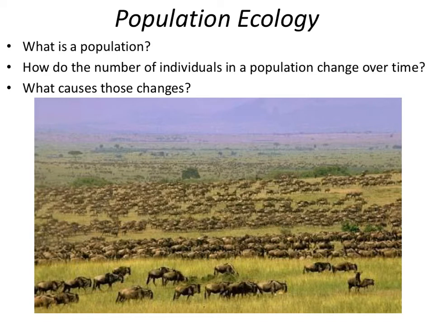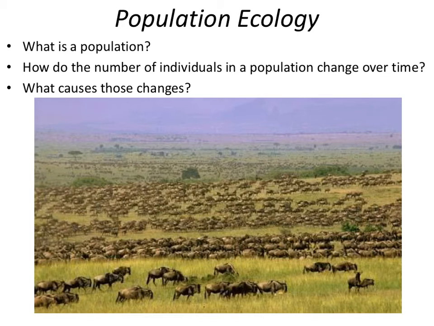Populations change in size. If there's more resources, the population will grow. If there's fewer resources, the population will perhaps reach a peak and not move anymore. If it goes over, then usually the population will crash back down.